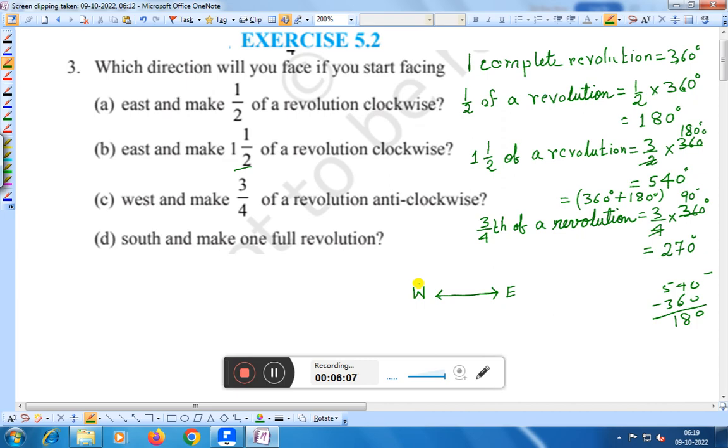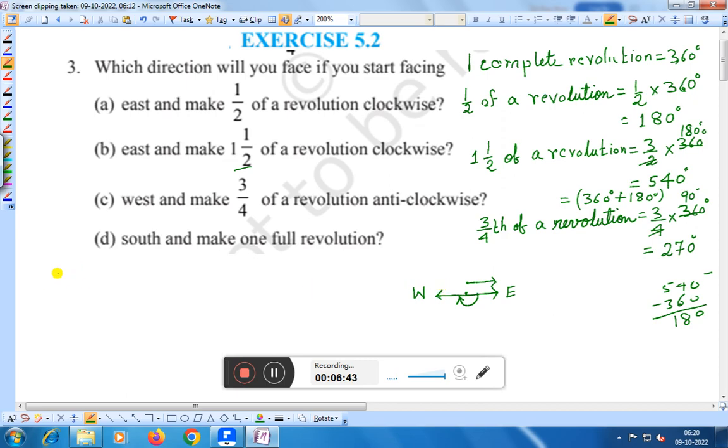The question is in which direction will you face if you start facing east and make half of a revolution clockwise, right? Now here this is the center. Suppose I start facing east. If you turn clockwise, that means I have to go clockwise 180 degree. 180 degree clockwise means it will be straight. If you go on straight like this, you will go to west.